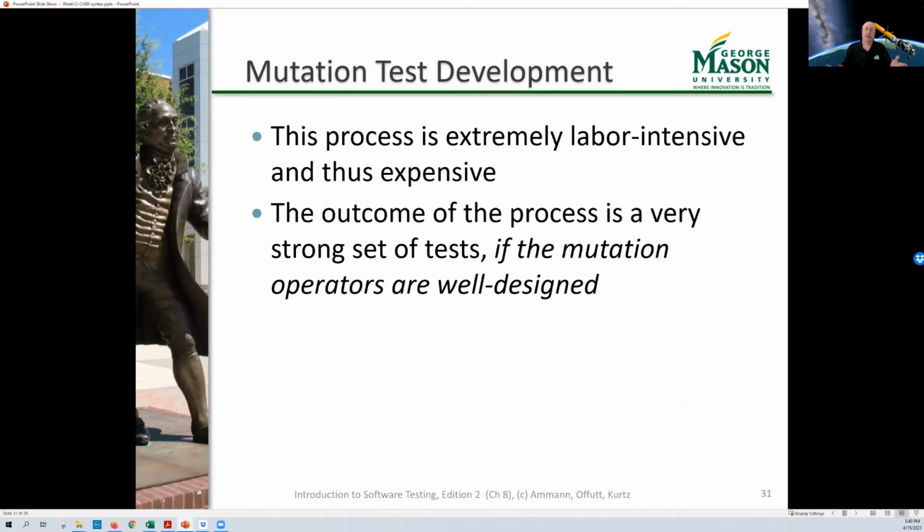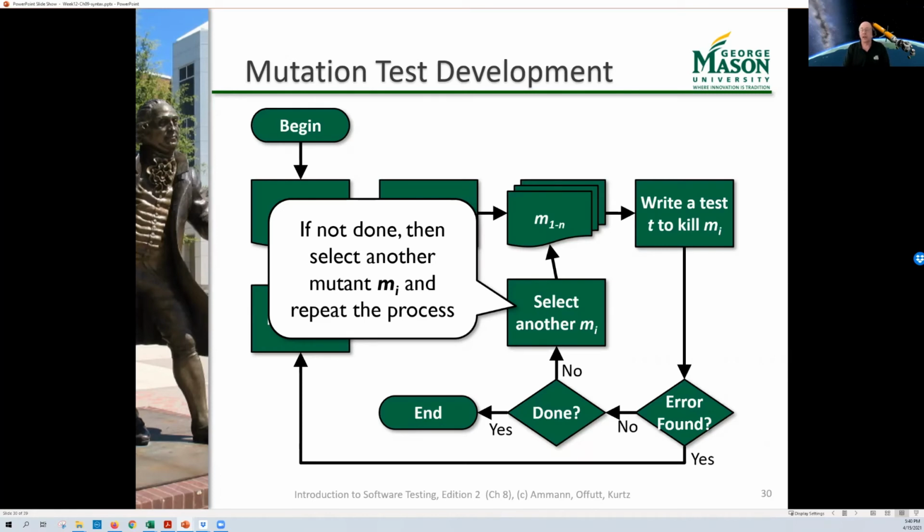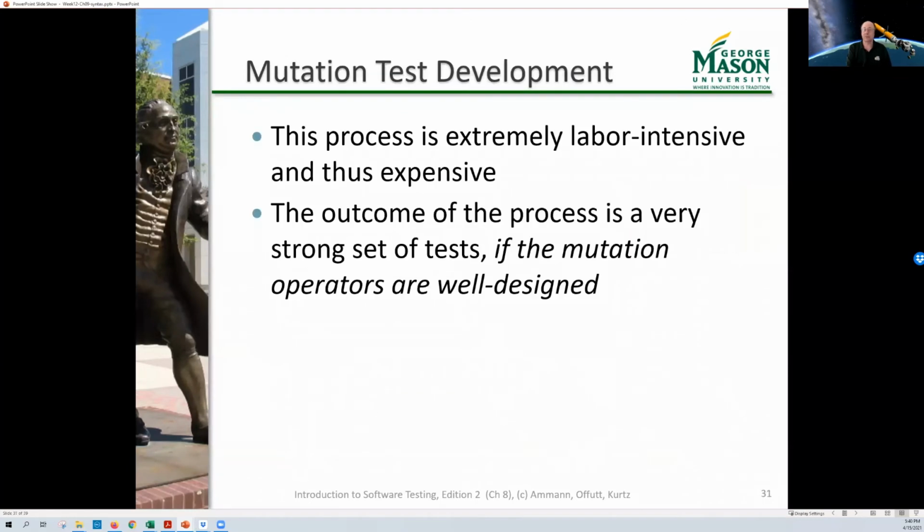So yeah, the process is extremely labor intensive, right? As you can imagine, creating hundreds or thousands of mutants and going around this loop and analyzing each one and coming up with a test, yeah, that's painful, that's time consuming, that's expensive. If done well, it also results in an extremely strong set of tests. And so, yeah, the outcome is a very strong set of tests.